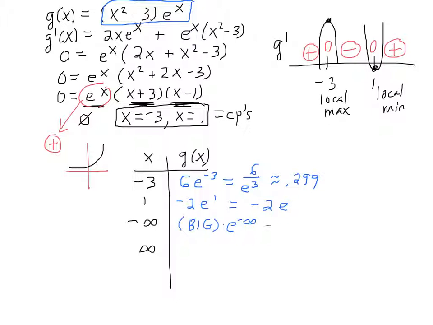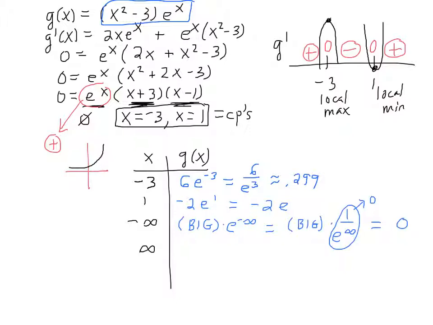Well, that is equal to something big times 1 over e to the positive infinity. Now this 1 over e to the positive infinity is approaching 0, right? Because it's 1 divided by something huge. So that means the whole thing, the whole product, is going to be 0.